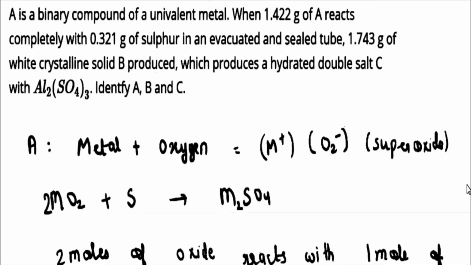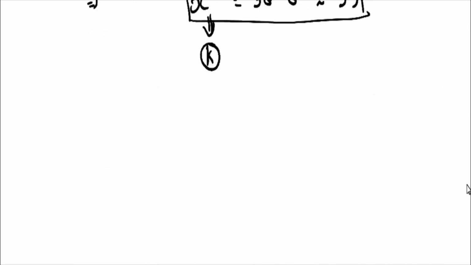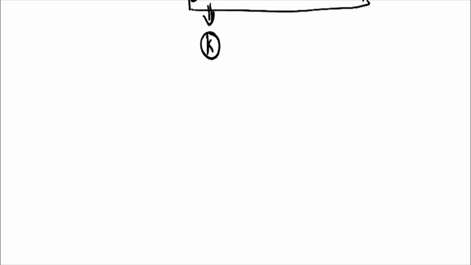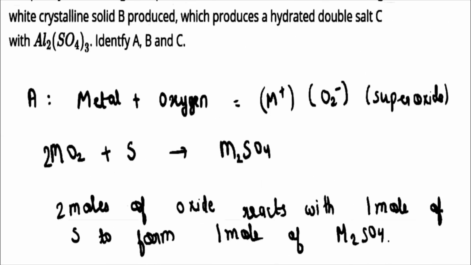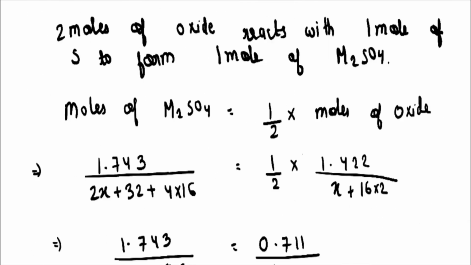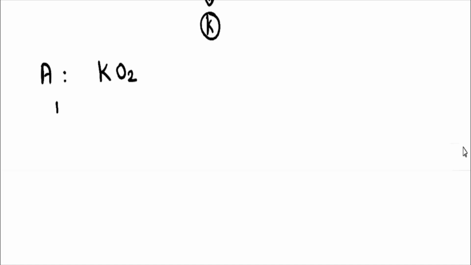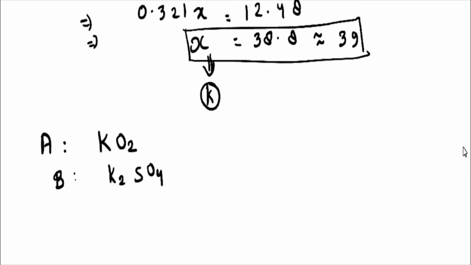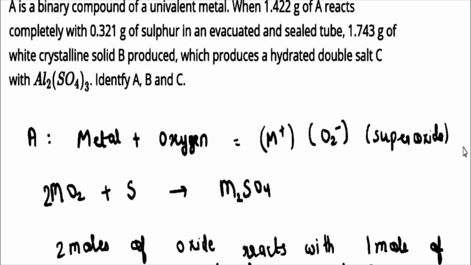So our A will be KO2. Now if we talk about B, B is potassium sulfate, and C is the alum basically, which is the double salt.